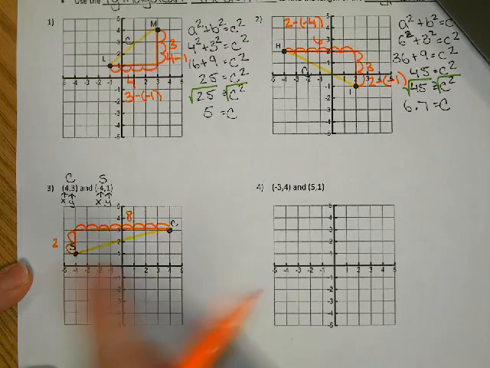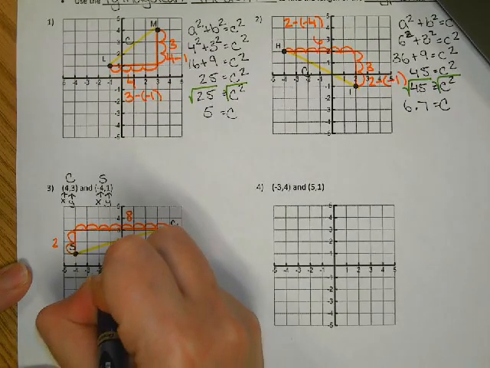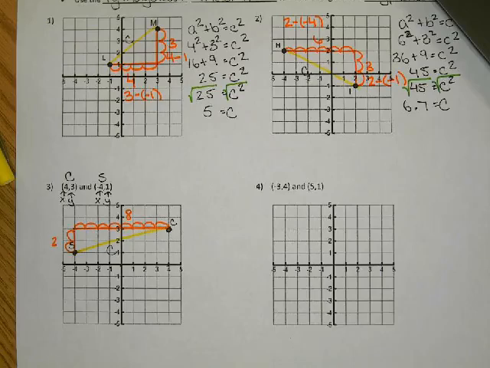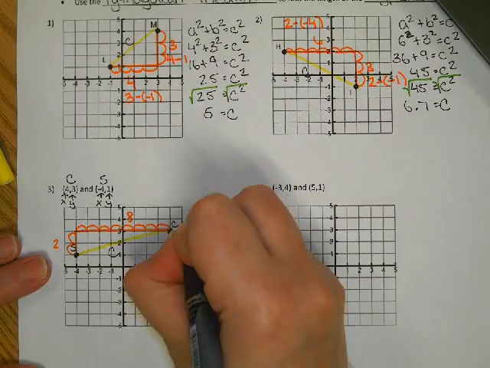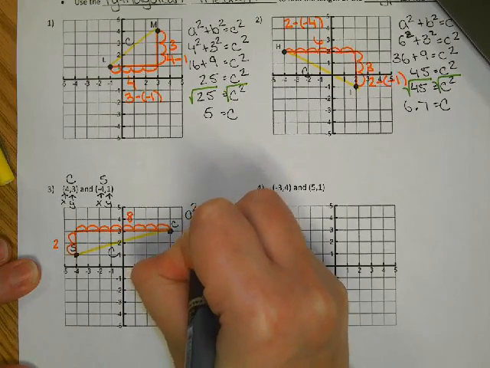Okay, so how do we find our hypotenuse? So we can find that distance. What do you do? Perfect. Good job. A squared plus B squared equals C squared.